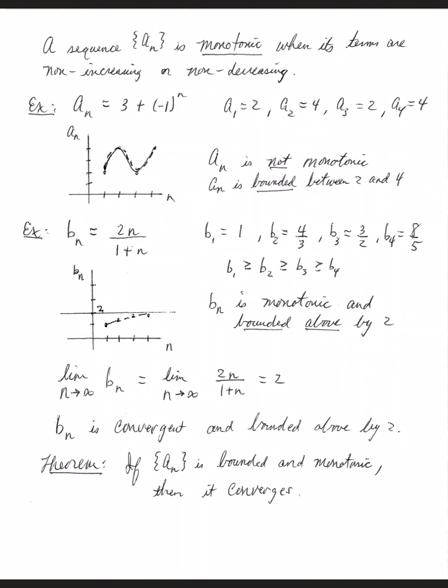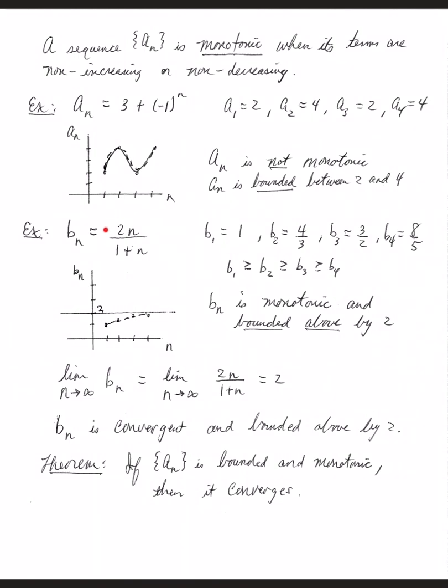And then finally, b sub 4 is 8 over 5, 8/5. These terms consistently increase or get larger. This is what you look for in monotonic. There's only one direction. Either the terms increase the whole way or decrease the whole way.